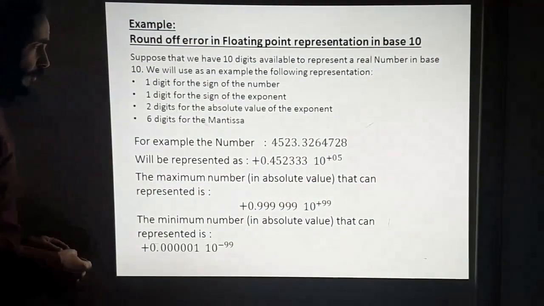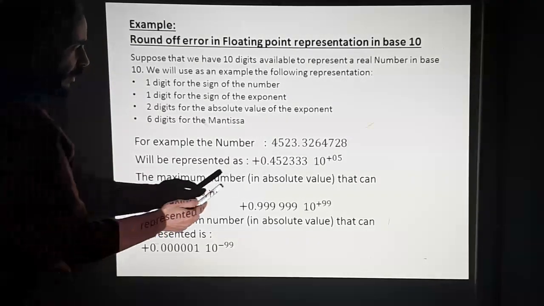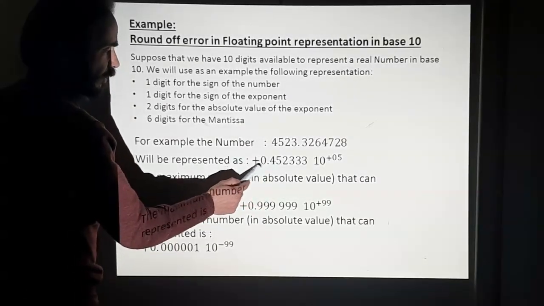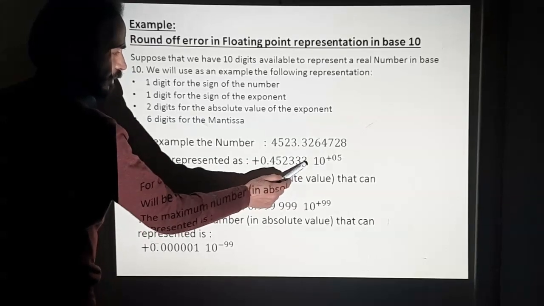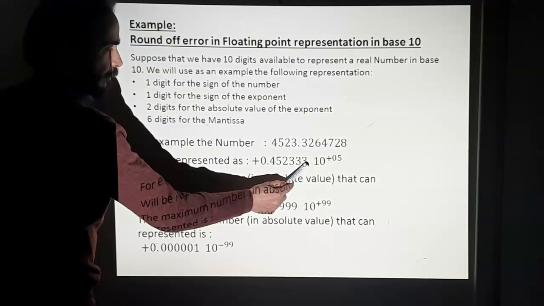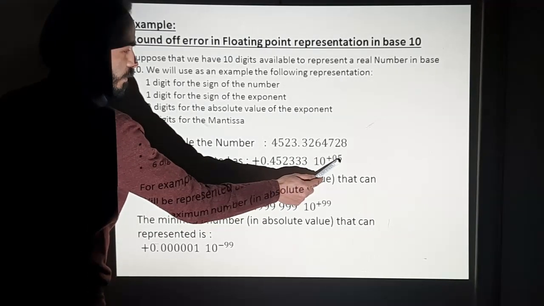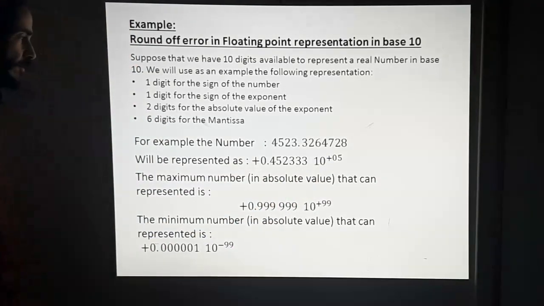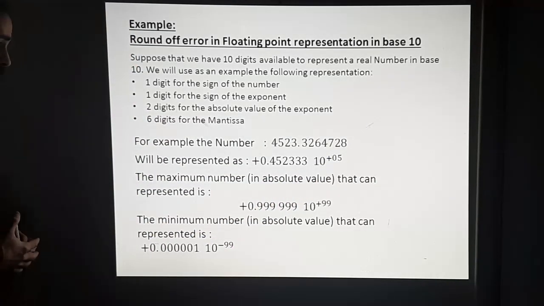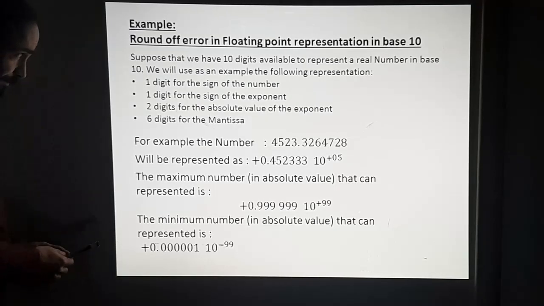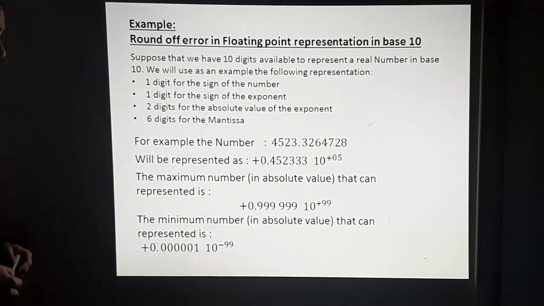Now, these are my 10 digits: 1 digit for the sign, 6 digits for the mantissa, 2 digits for the exponent, and 1 for the sign of the exponent. So in total, I have 10 digits.